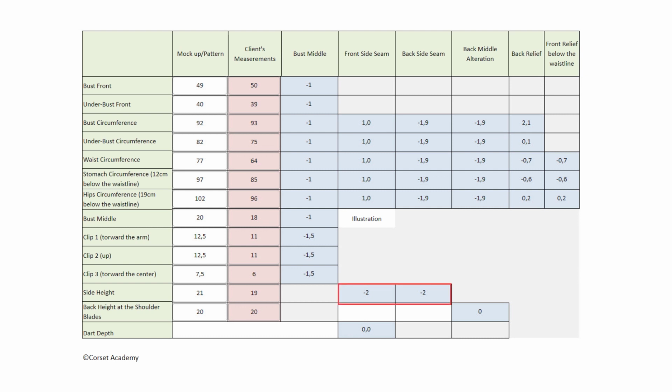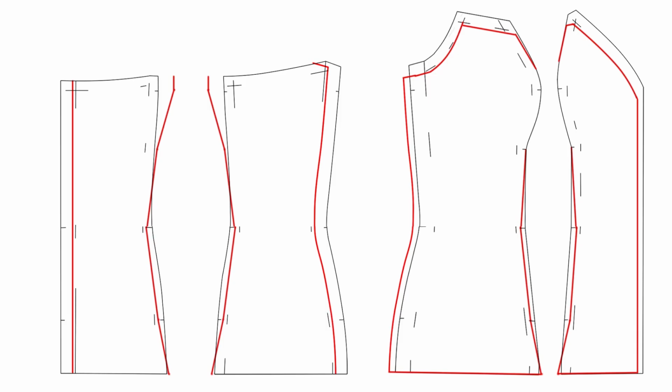Choose the shape of the top back cut according to the chosen dress style. For this example, I'm going to lower all the back cut by 1.2 centimeters. I'm erasing the unwanted lines and closing the outline.